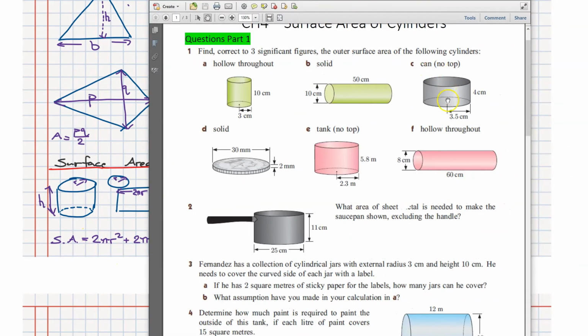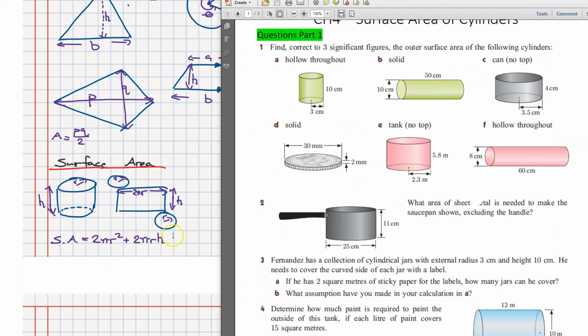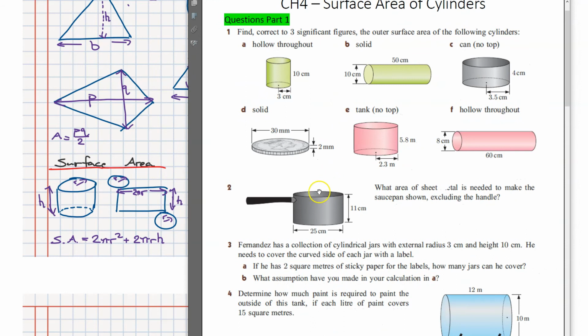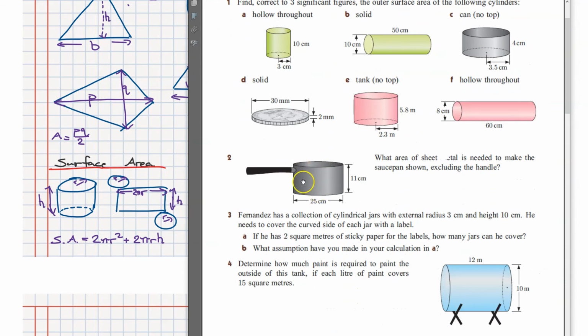And this one has no top, so you're going to have to modify this formula here. So it's simply a case of look at the net and see what you have. If there's no top on it, then obviously one of these circles is going to be gone, so the surface area is going to change. Another one to take into account is the saucepan here. So notice a saucepan, it's sort of hollow in the middle because it's got to hold stuff. So in which case the surface area is going to change.